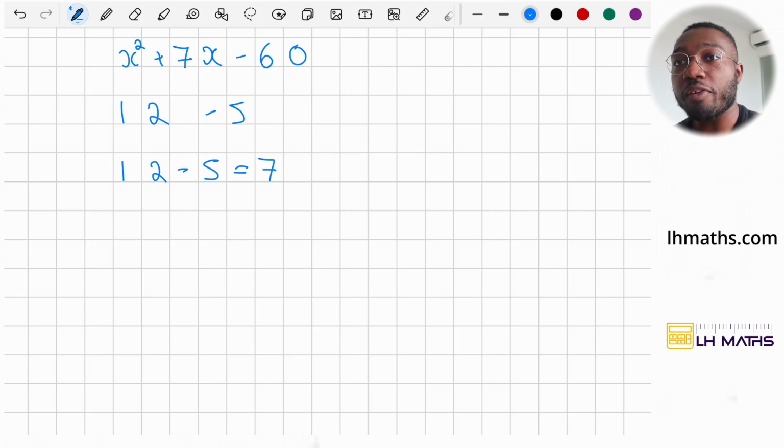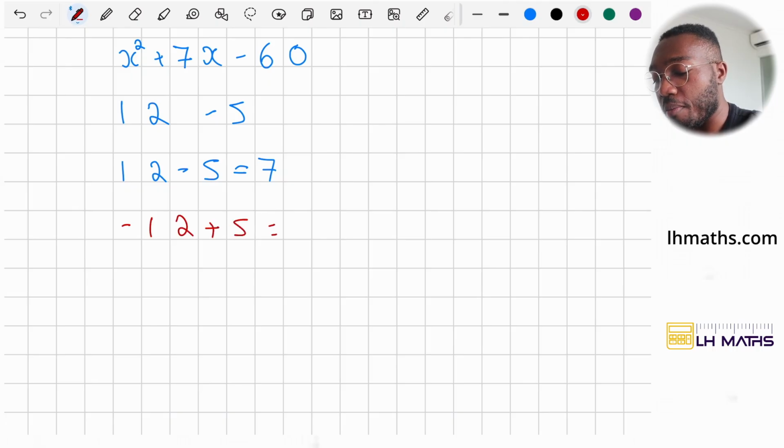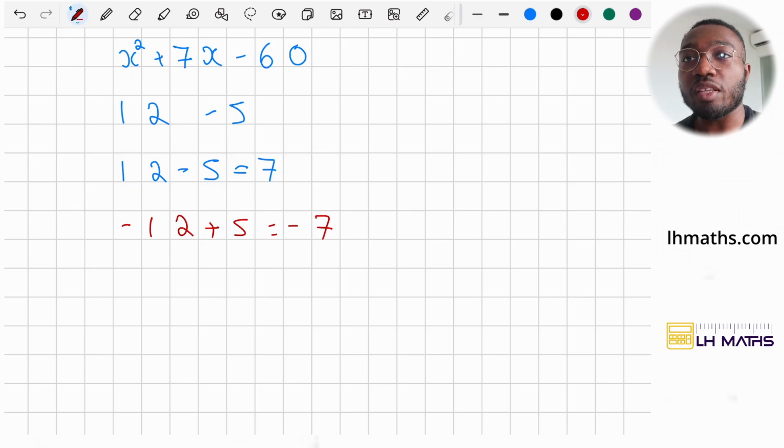Be careful. It is very important which way you get this, because if we were to do minus 12 plus 5, then that would give us minus 7, and that would not be correct because we have a positive 7. So it is very imperative that you know which number you put the minus on.